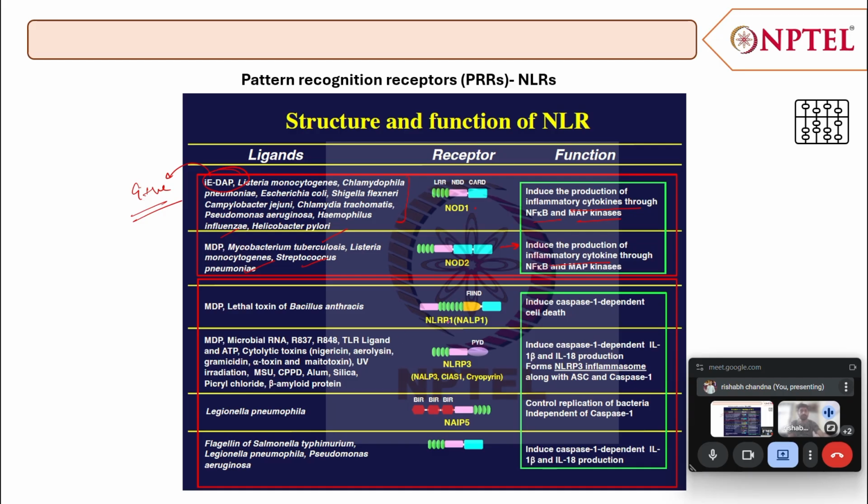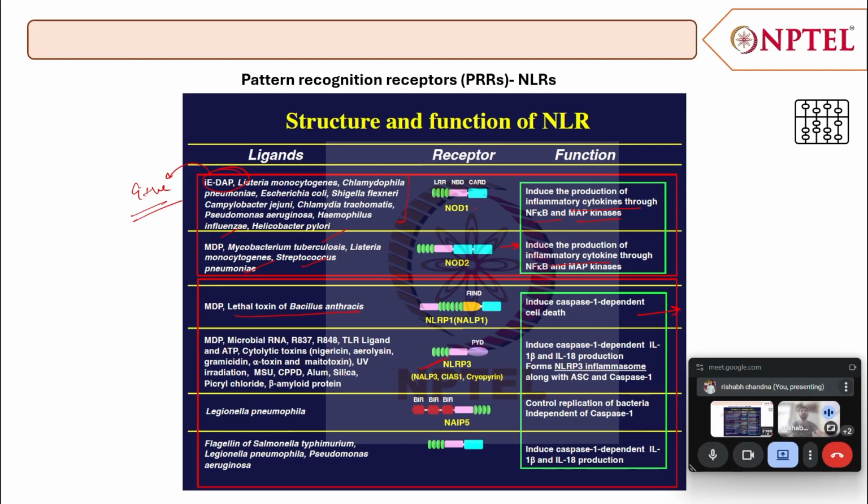Then talking about NLRP1, MDP and the lethal toxin of Bacillus anthracis induce caspase 1 dependent cell death. So whenever a cell is infected by viruses and NLRP1 recognizes that the particular cell is infected, then it can induce caspase 1 dependent cell death in those cells. Then we have NLRP3.